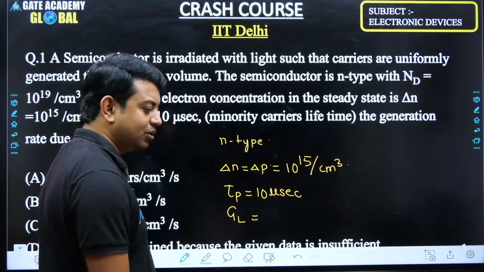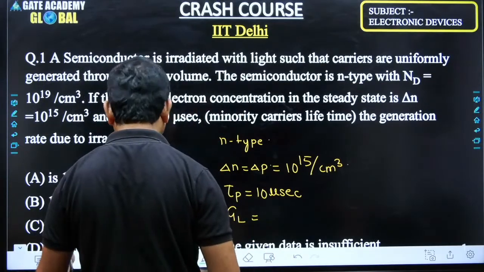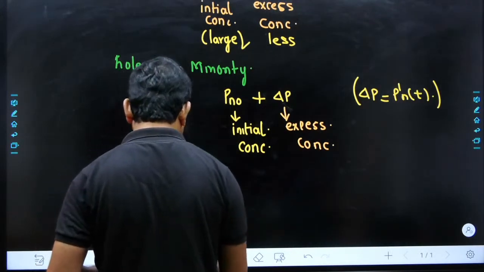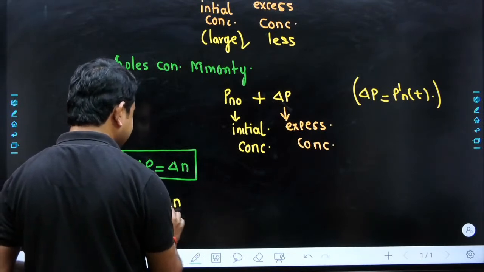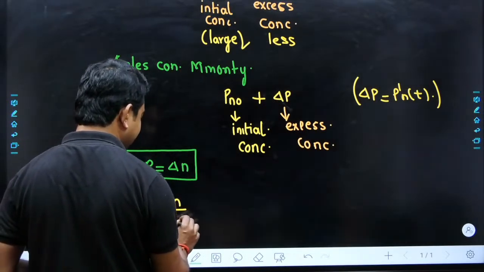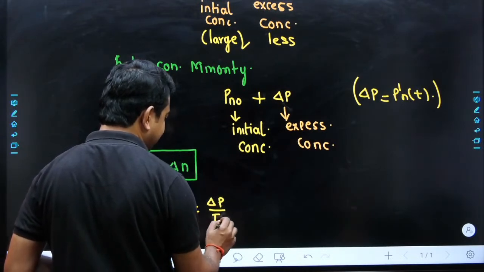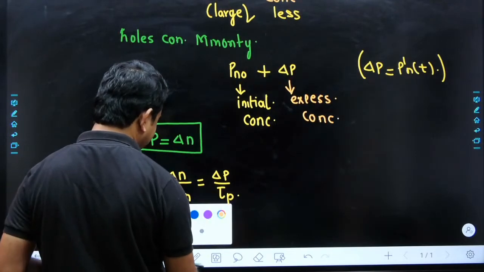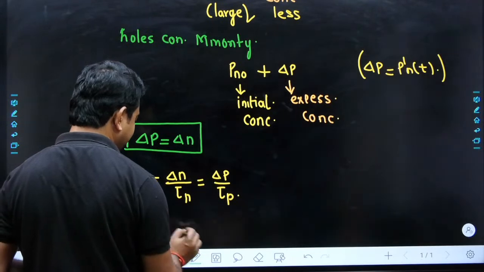Electrons and holes are generated in a pair, an electron hole pair. So I will write here GL is equal to delta n divided by tau n, or we can write delta p divided by tau p. That will mean the same. And you should write one mandatory thing first: tau n need not be equal to tau p.